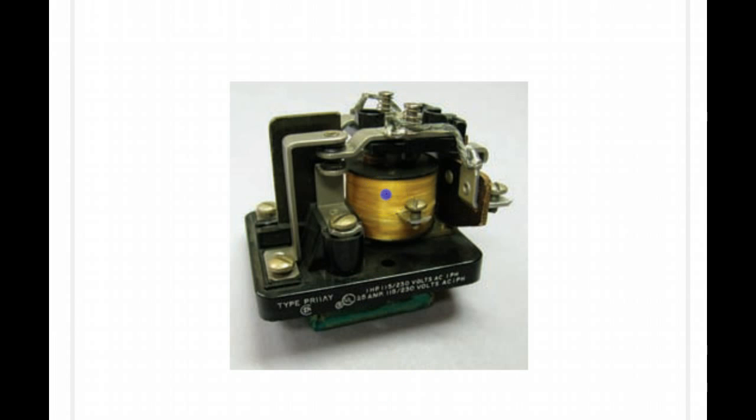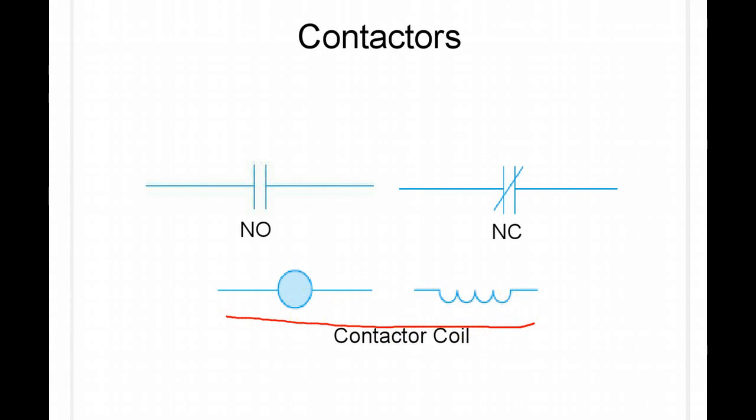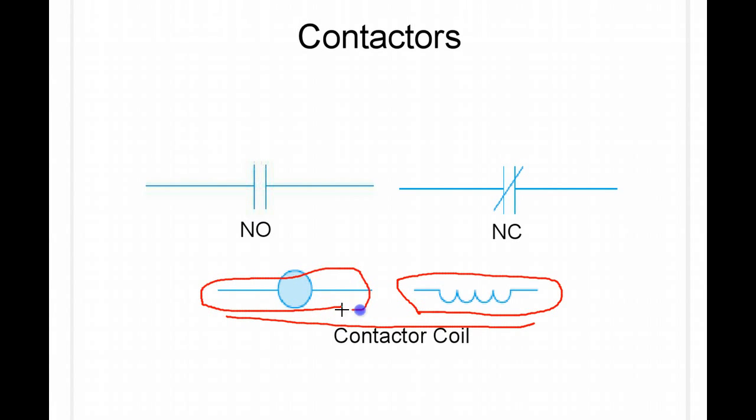So this coil and this connection right here, and there's another one that is the same on the other side of the coil, is represented by this symbol here, or this symbol here, or that one symbol that has that little zigzag such as this.